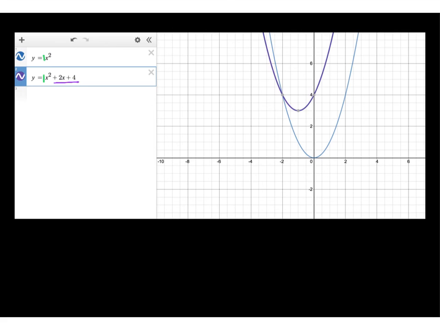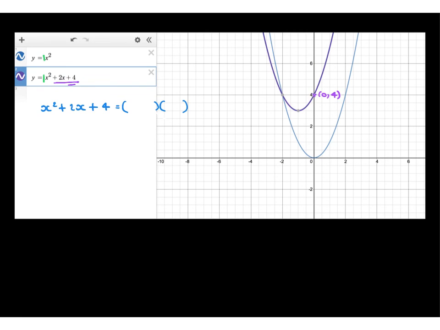Now, this graph crosses the y-axis at 4, and you can see that from the equation as well. And interestingly, it doesn't cross the x-axis at all. Now, something that you might find interesting is if you actually had a go at factorising x squared plus 2x plus 4, you would find that you wouldn't be able to factorise it.